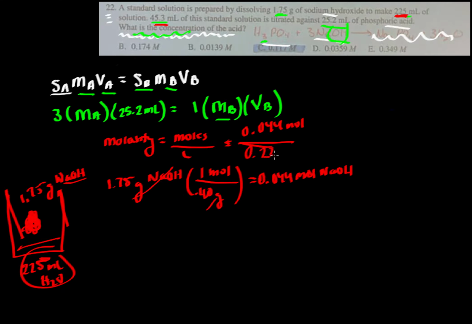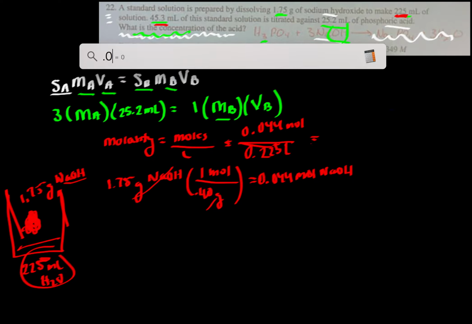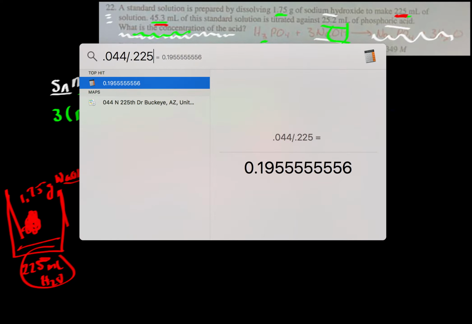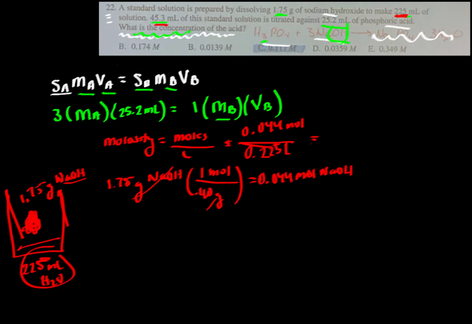It's a simple one, so I'm not going to show the math. Liters. Punch that into the calculator: 0.044 divided by 0.225 is 0.196. All right, now we have our molarity, which we can plug in here.